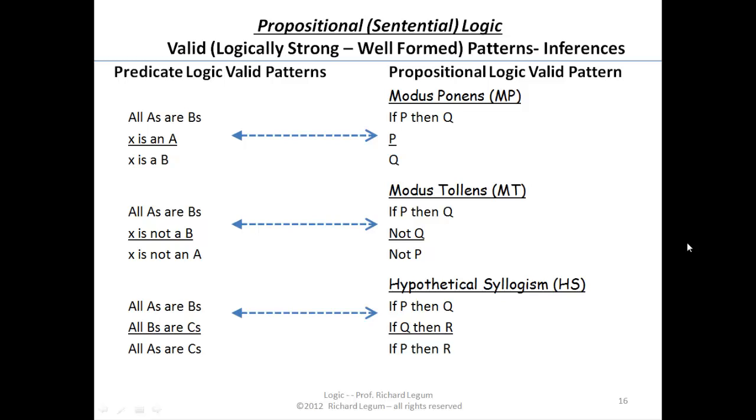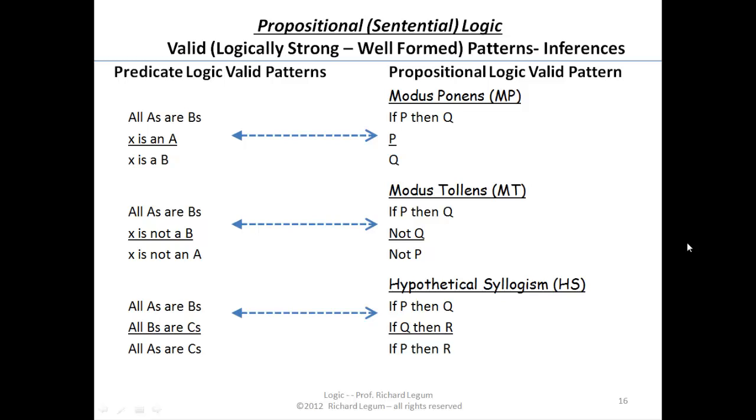Second one, all A's are B's, X is not a B, therefore X is not an A. Remember the second one, we're going in the not direction, from right to left. So that's how we get the not A. And then we have all A's are B's, all B's are C's, therefore all A's are C's.